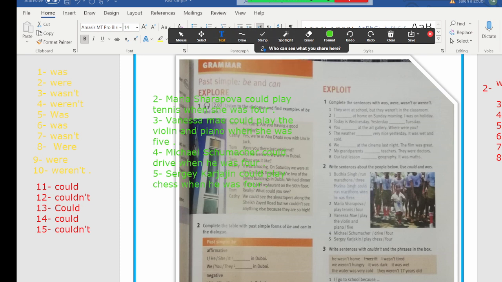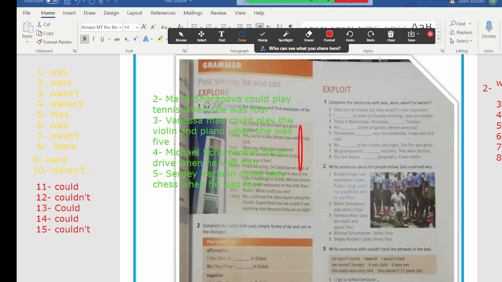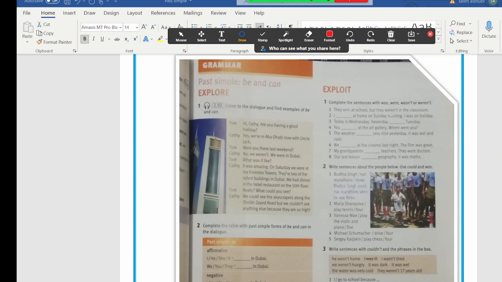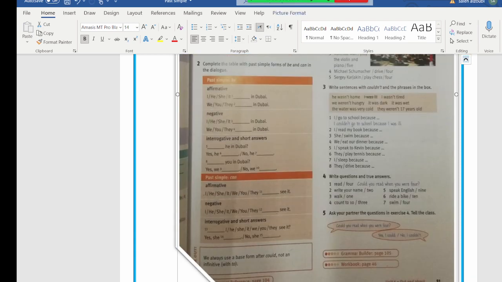Move to exercise number 3. Write sentences with couldn't and the phrases in the box.